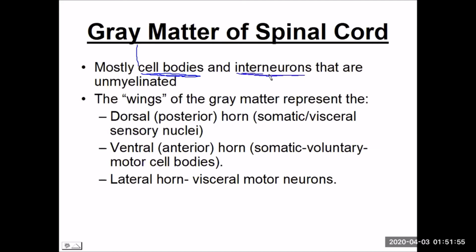And this is a full neuron from dendrites to synaptic terminals that do not have myelination. So they appear still as that darker gray matter appearance. And in the gray matter, we have these three principal areas known as horns. So there's a dorsal gray horn, a ventral gray horn, and a lateral gray horn. And again, just applying that rule, DAVE.